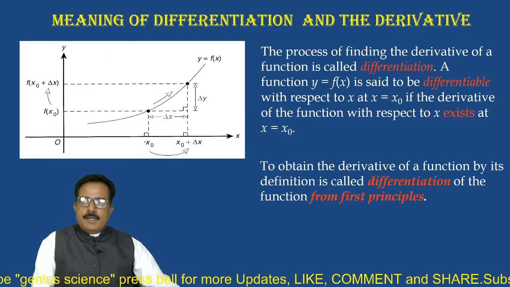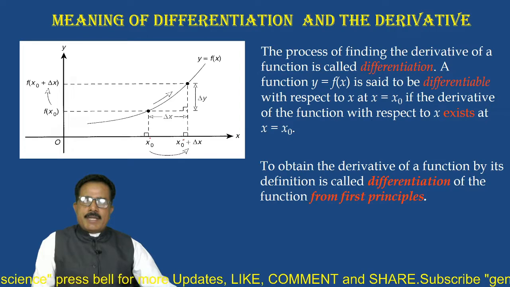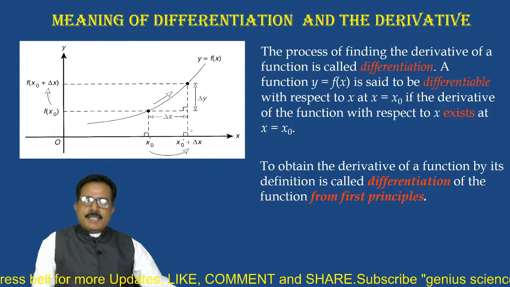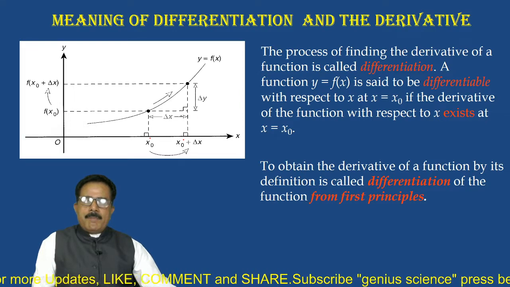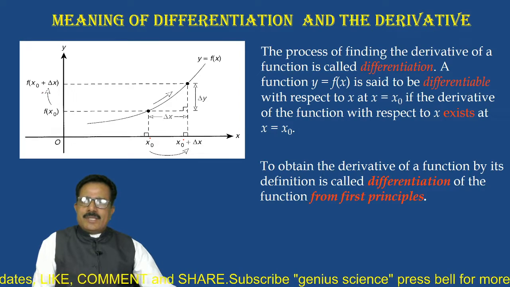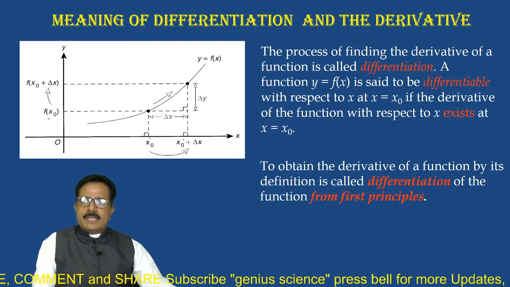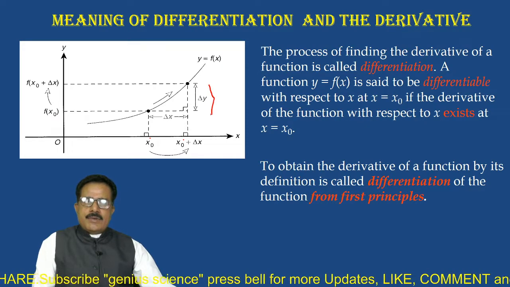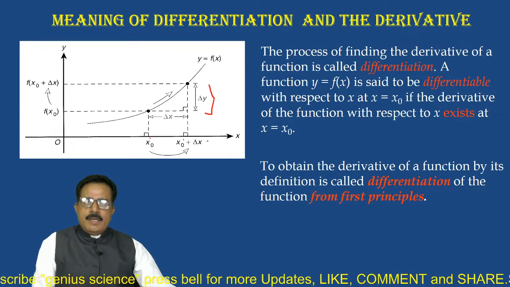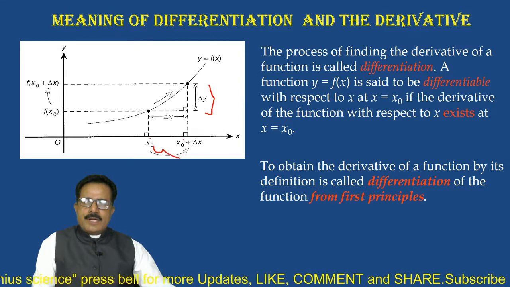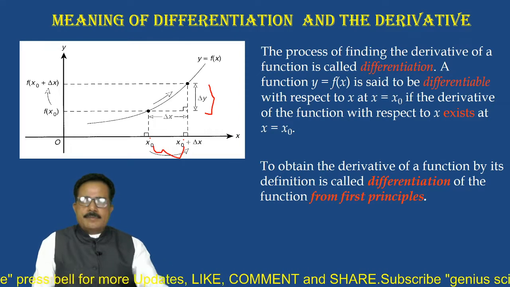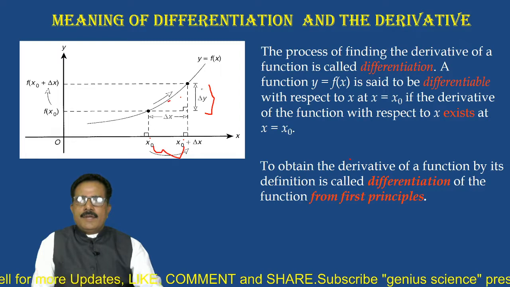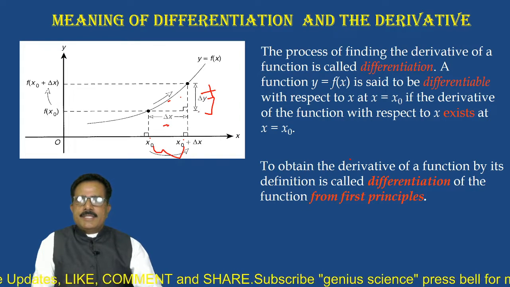Next, suppose there is an increment in x, x plus delta x, and an increment in y, y plus delta y, that is f of x0 plus delta x0, minus f of x0. This difference is called delta y, and this difference is called delta x.